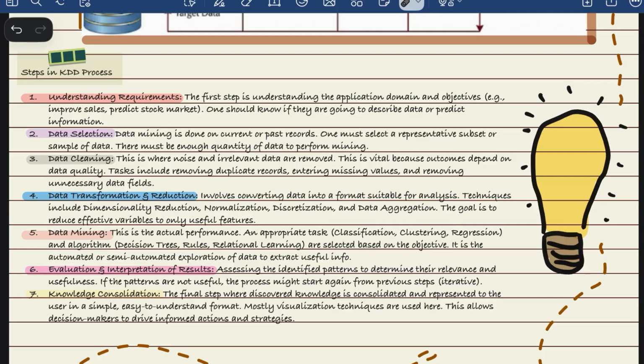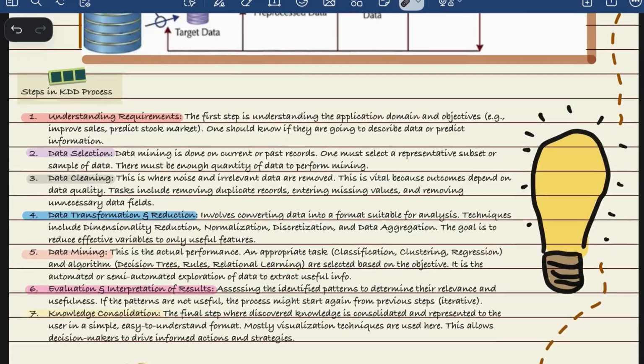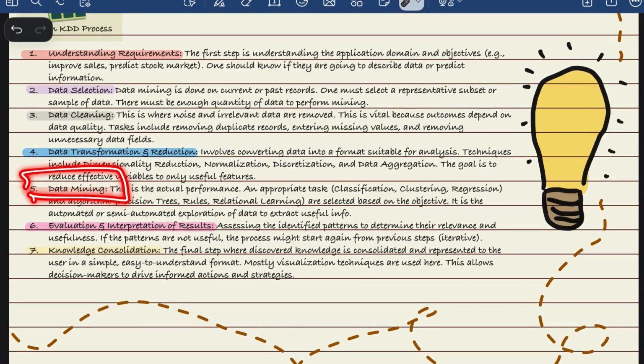And then converting the continuous numbers into discrete buckets. This is data discretization. We'll discuss this later. What you are doing is converting the data into a format which is suitable. You see over here, this is data transformation, and when the data is transformed, then we move towards data mining.